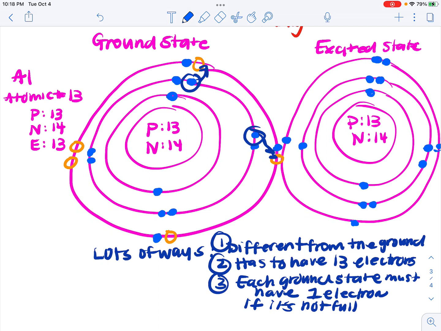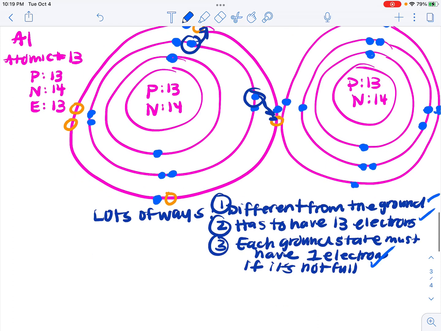So I still have 13 electrons. It's different from the ground state, and each ground state must have at least 1 electron if it's not full. So I think I did a pretty good job here.